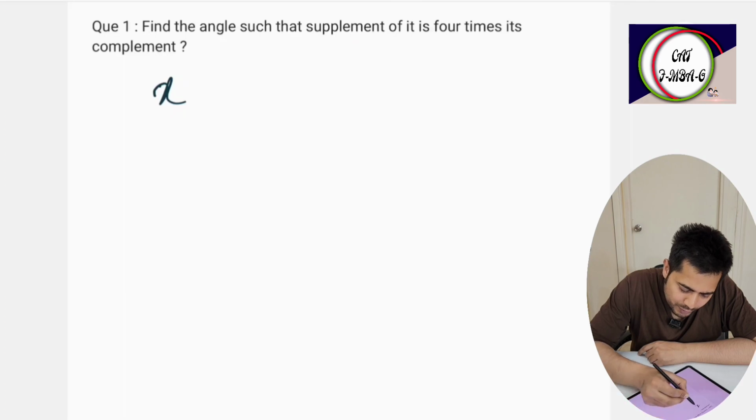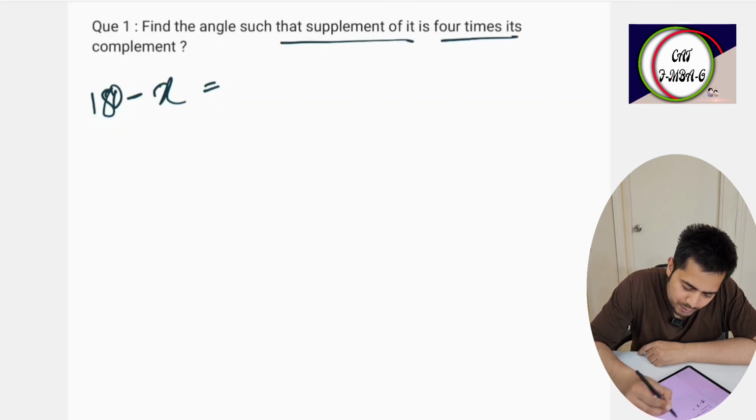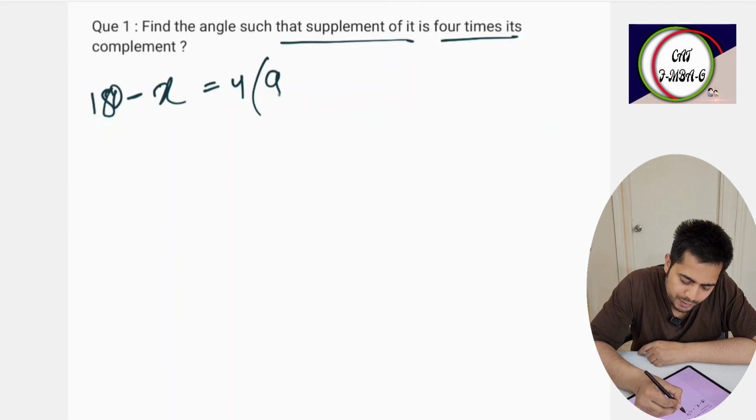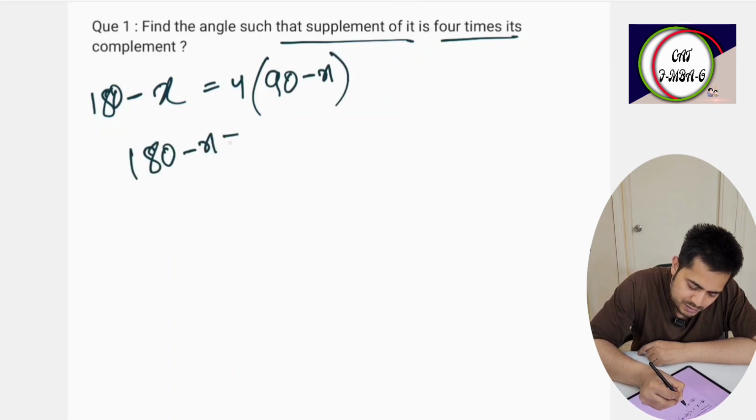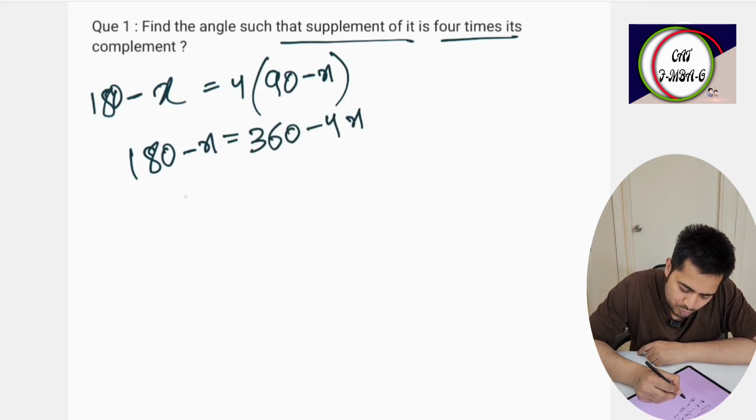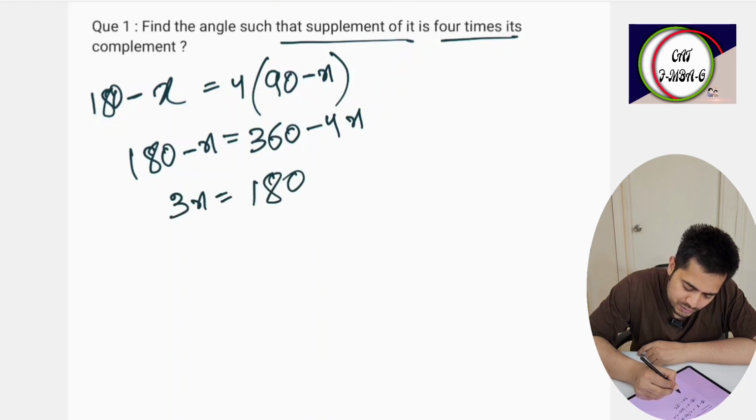The supplement of it is 180 minus x, which is equal to 4 times its complement. The complement of x will be 90 minus x. So 180 minus x is equal to 360 minus 4x. So 3x is equal to 180, so x is equal to 60 degrees.